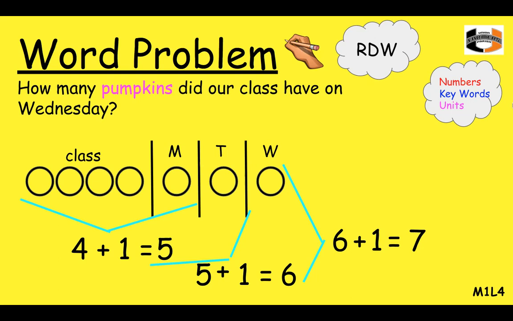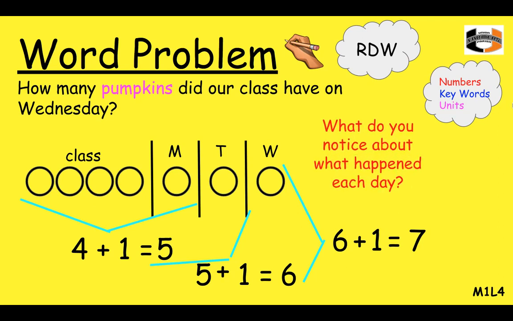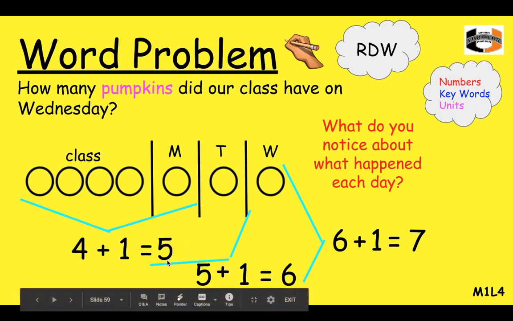So we have our 3 number sentences explaining what happened each day. What do you notice about what happened each day? The numbers go up. Monday, the total was 5. Tuesday, the total was 6. And Wednesday, the total was 7.